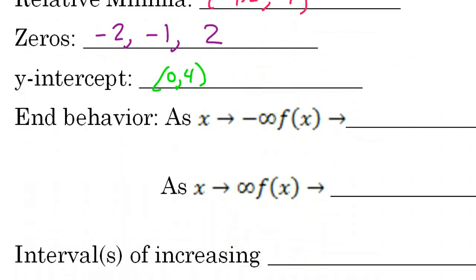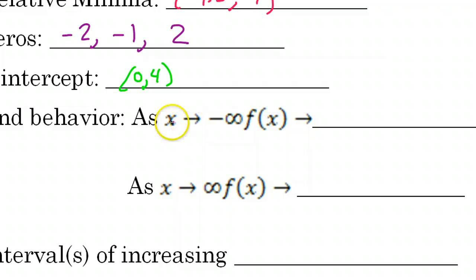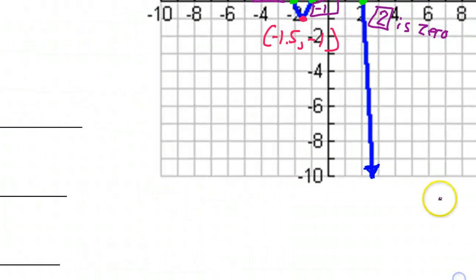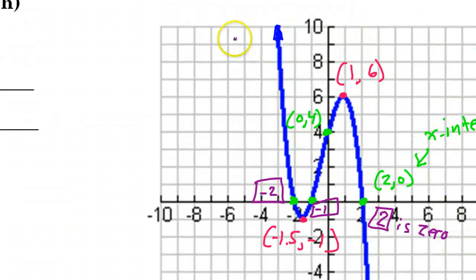Now, end behavior. Okay, so this is saying what's happening on the left, and this is asking what happens as we go to the right. And the question is, does it rise or fall? Because that's going to determine what I put here. So looking at this graph, on the left, it rises.